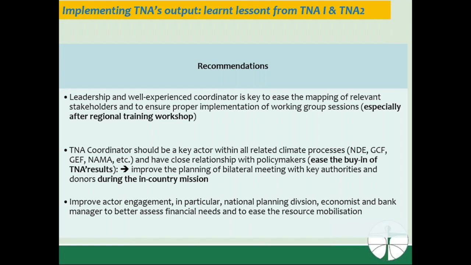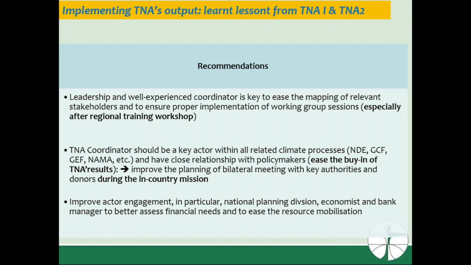The full engagement of the coordinator can help to ease the buy-in, but also to inform more about what has been done by the TNA, what the main barriers are, and the actions that have been prioritized for the sectors: energy and waste for mitigation, but also agriculture and water resources for adaptation.